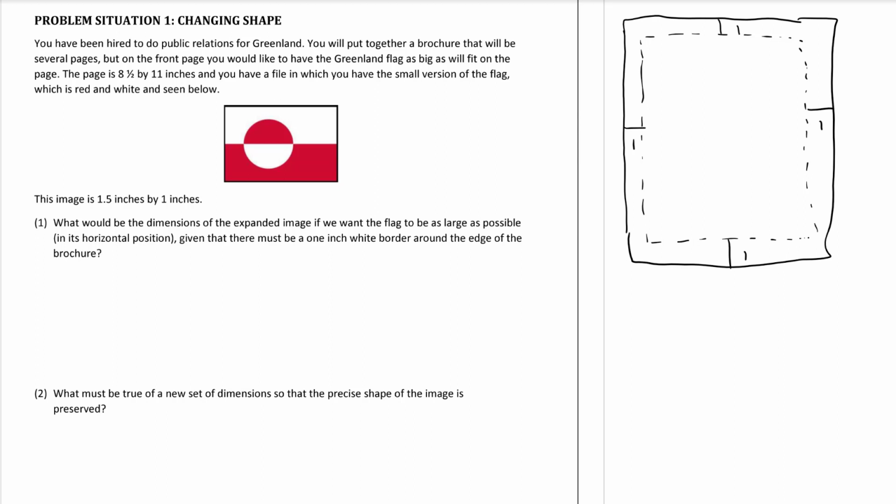So we have this flag, which is 1.5 by 1, and we want to extend it in such a way that it fits the entire printed area without distorting the image in any way. So it stays the same.